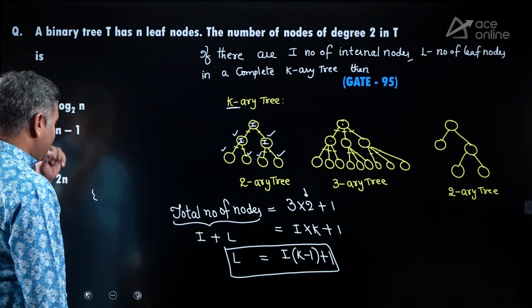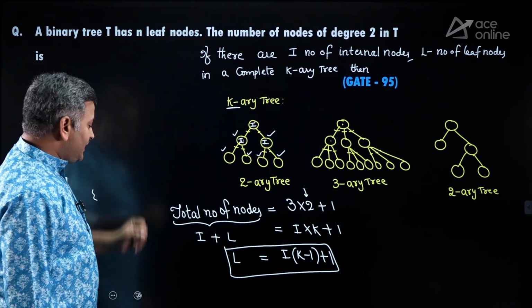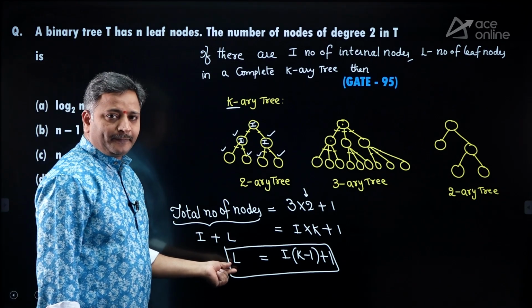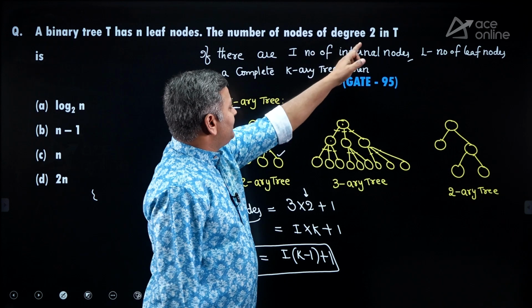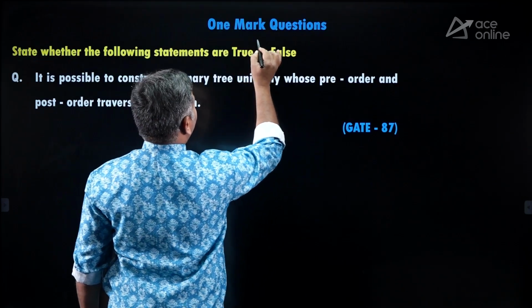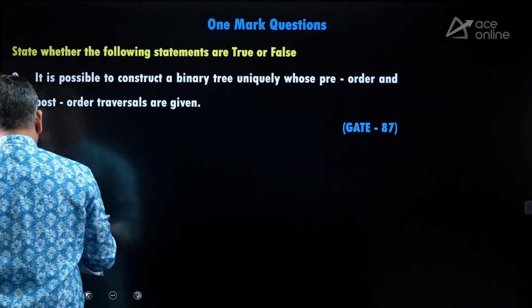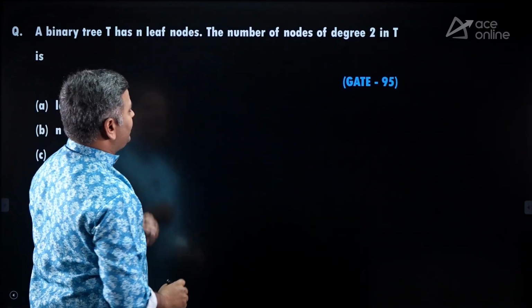Now in this example, just observe: a binary tree has n leaf nodes, so they already provided n leaf nodes. And they are asking for the number of nodes of degree 2.